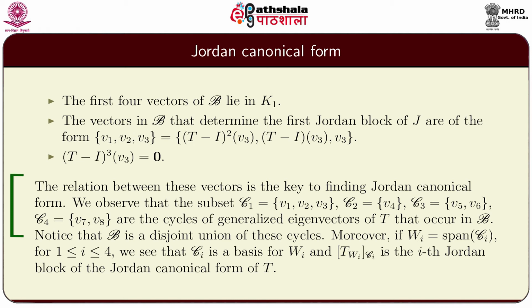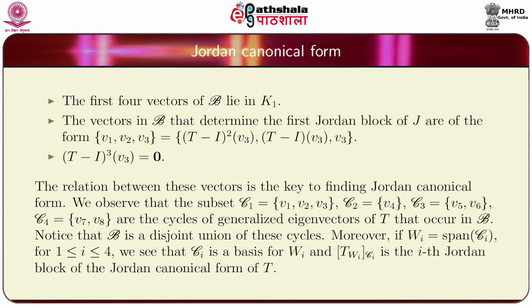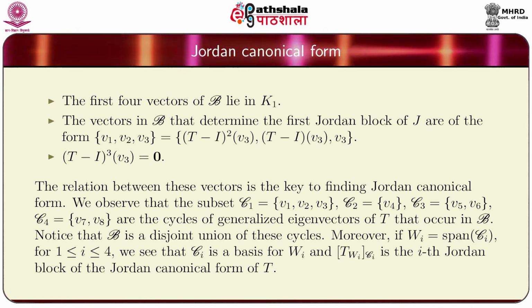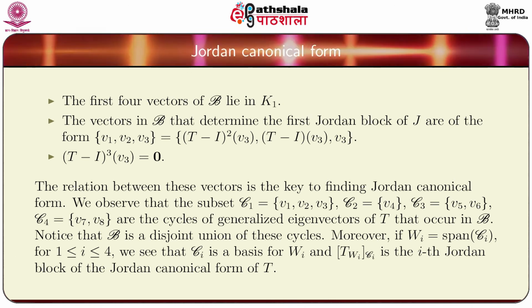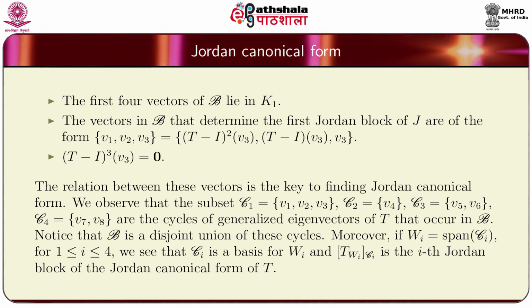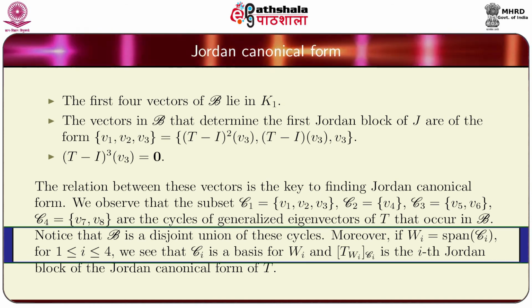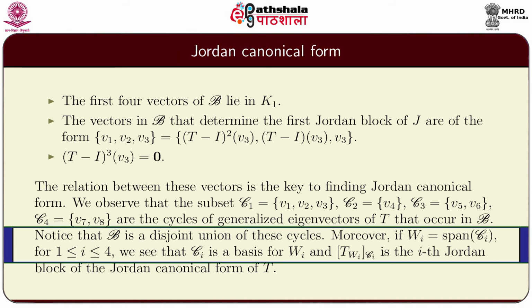We observe that the subset C1 which is v1, v2, v3, C2 which is singleton v4, C3 which is the set containing v5 and v6 and C4 which is the set containing v7 and v8 are the cycles of generalized eigenvectors of T that occur in the basis B. Notice that B is a disjoint union of these cycles.